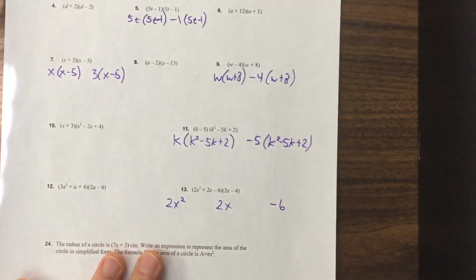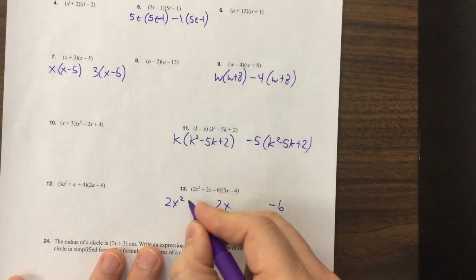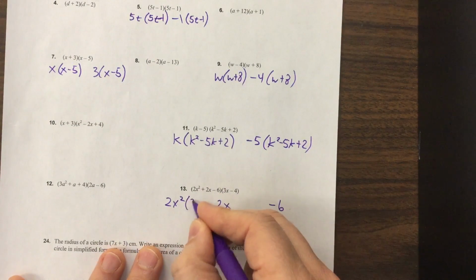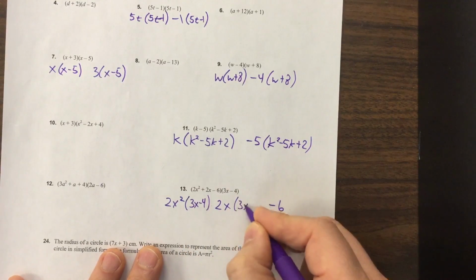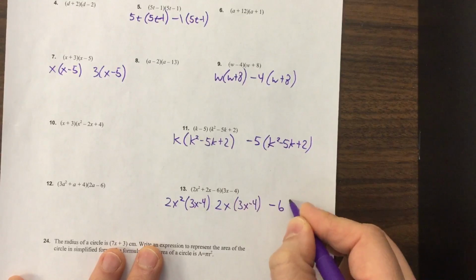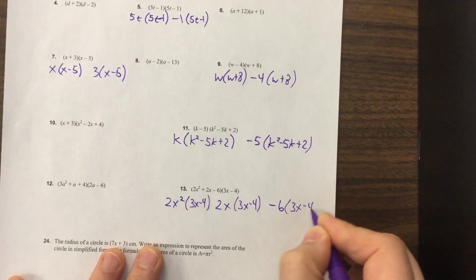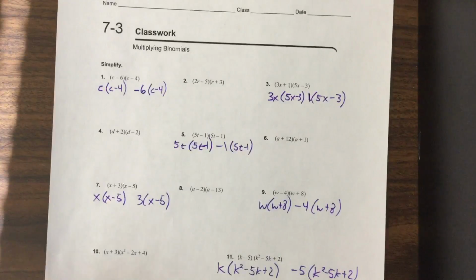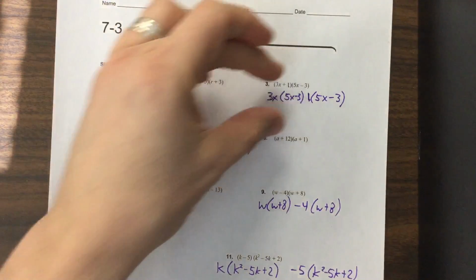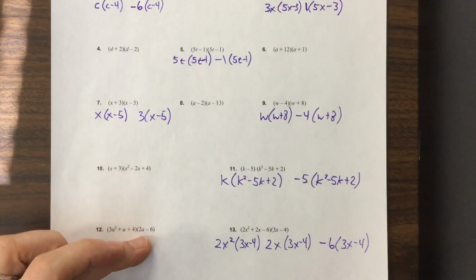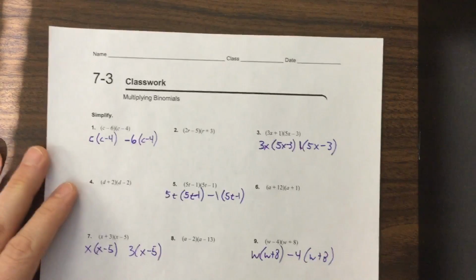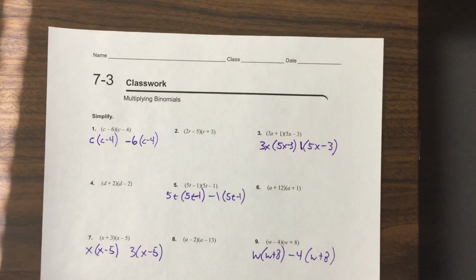The only difference with this last one is I'm writing the second one 3 times. Sometimes it's good to do one part of the process over and over so you can see what's really happening, okay? Now that we've done that, let's go ahead and distribute.